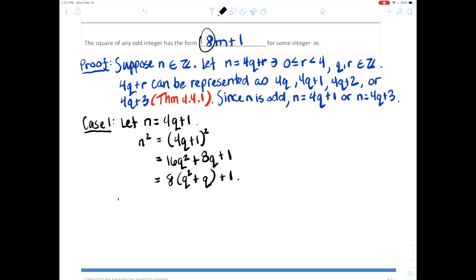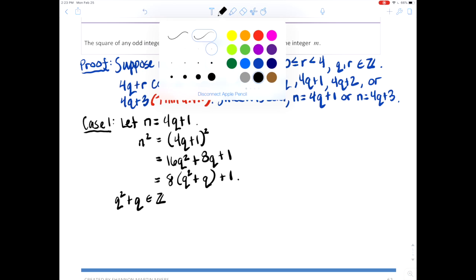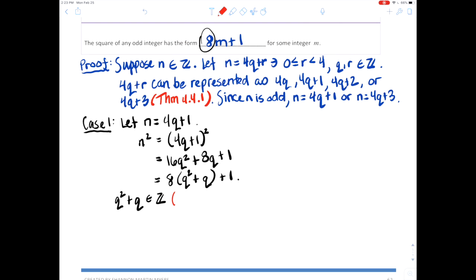So q squared plus q belongs to the integers. And why would I say that? Good, by closure. Okay, so far? Good.